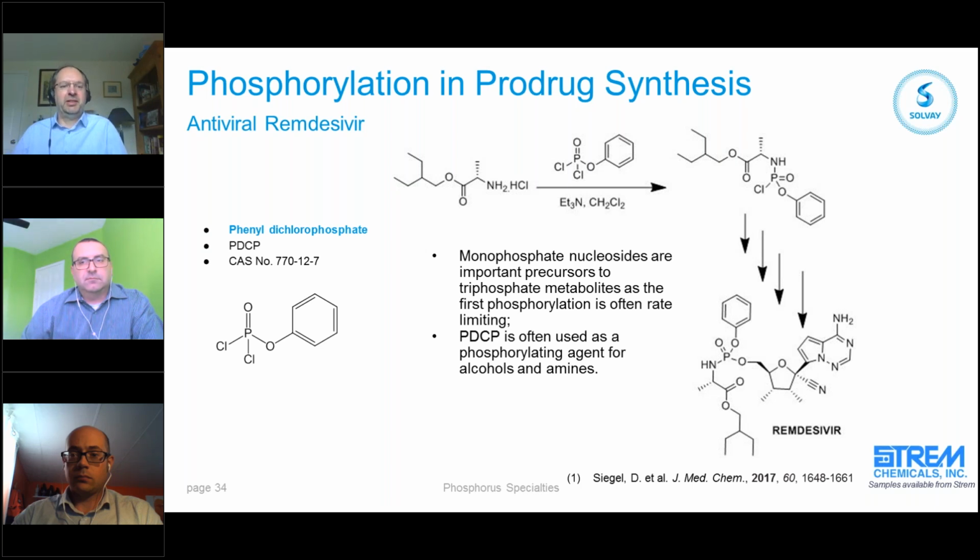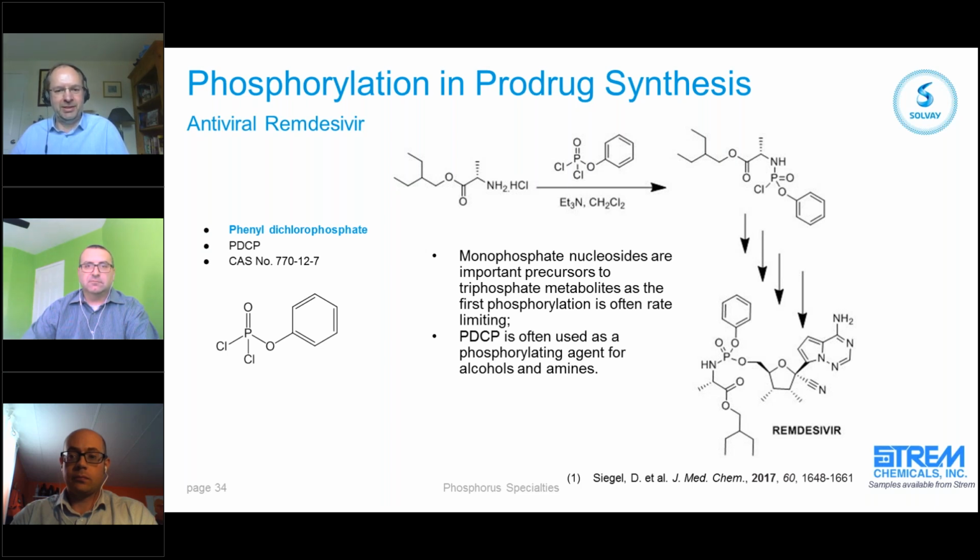So there are a number of ways that phosphorylation can be used in the manufacture of prodrugs. In the example here, you'll see that we have remdesivir, which I'm sure is an API that you've all heard a lot about in the last few months. So here, DPCP is used to generate a monophosphate nucleoside, which is the actual remdesivir structure.